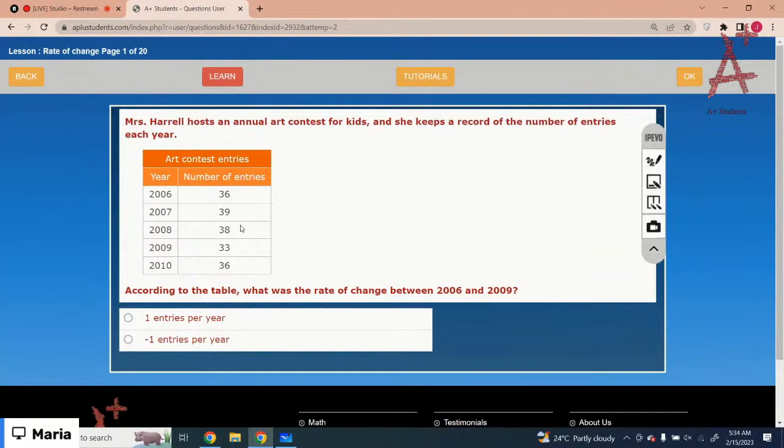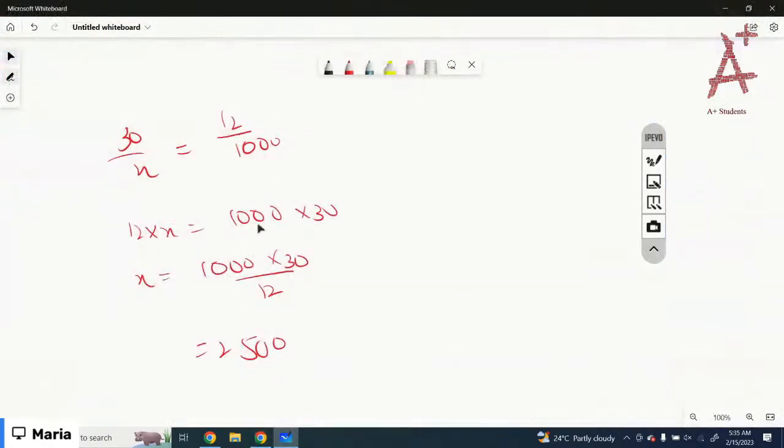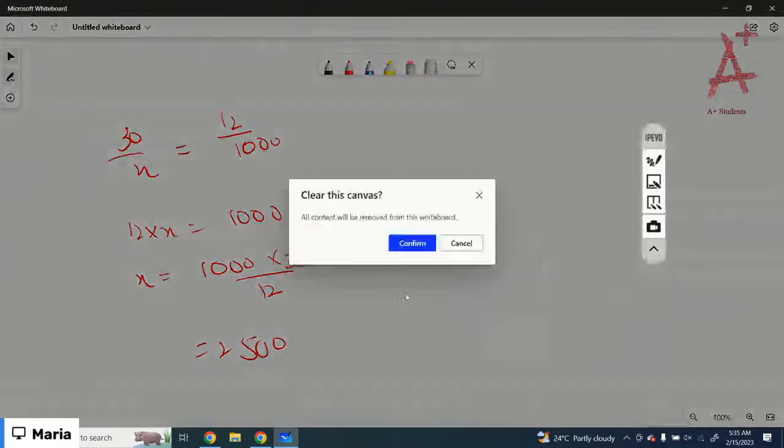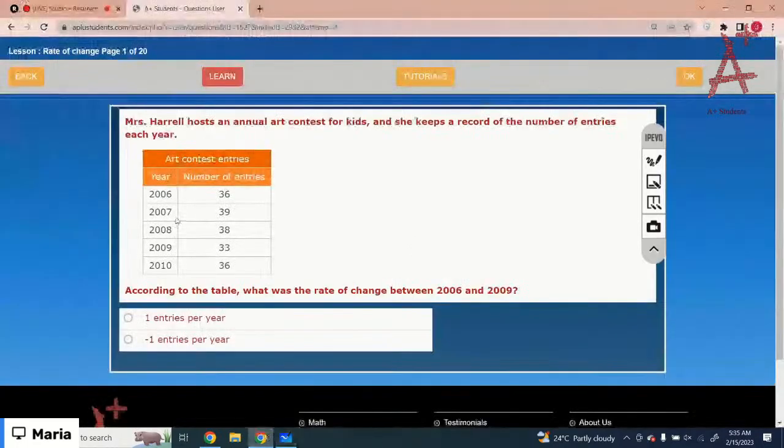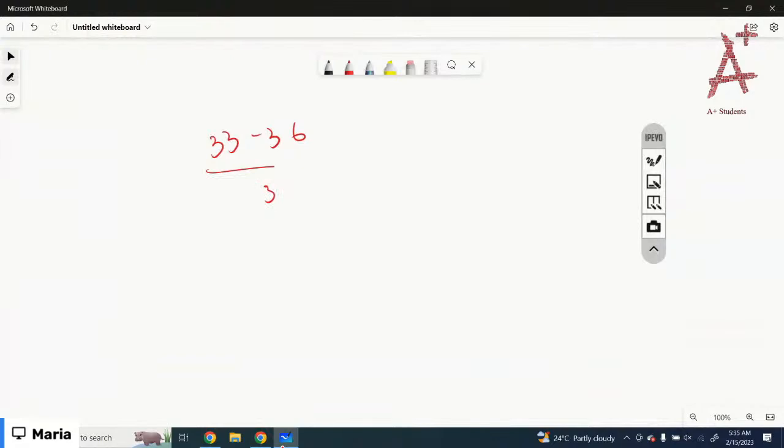In 2006, the number of entries is 36. Got it? And in 2009, it is 33. So you have to subtract 2006 from 2009: 33 minus 36. The difference between the years, from 2006 to 2009, is 3 years, so you have to divide by 3.